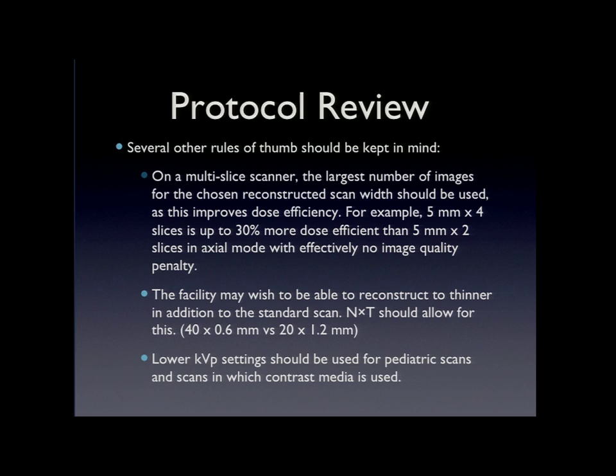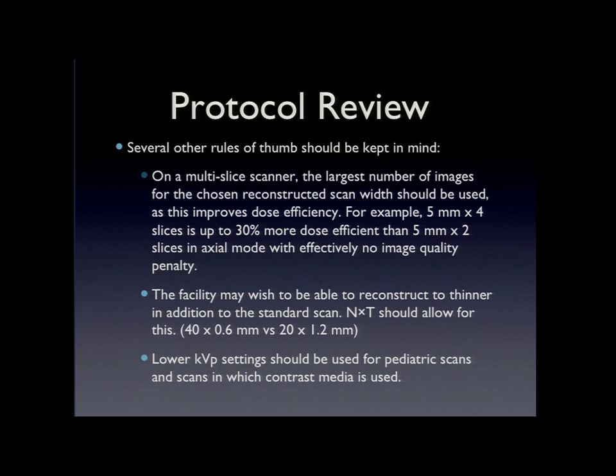On multi-slice scanners, sometimes you get a lot of different opportunities on what kind of detector configuration we can do. It depends on what you want to reconstruct, what you want to see. So you want to minimize the dose.